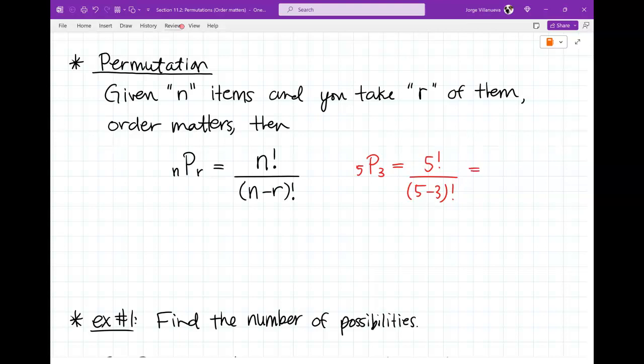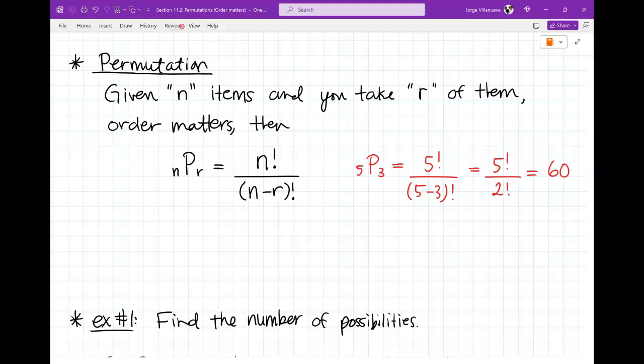Then you would write 5 factorial over 2 factorial. If you put 5 factorial divided by 2 factorial into your calculator, you should get 60.